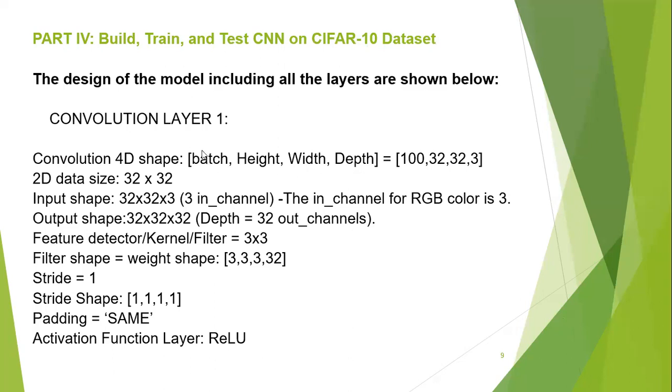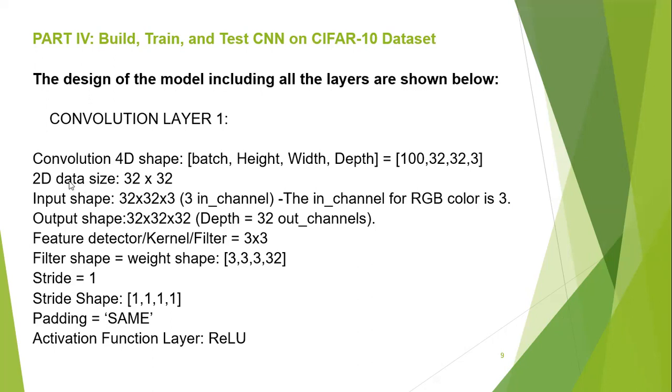This means the batch is 100, the height is 32, the width is 32, and the depth of the image is 3, which is for RGB color.